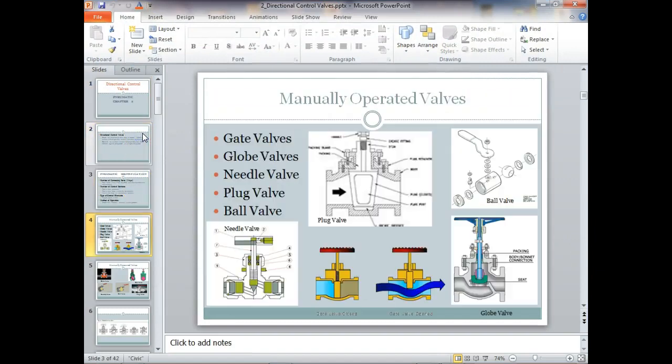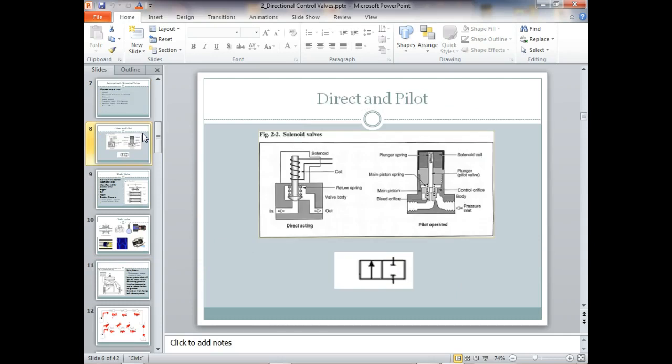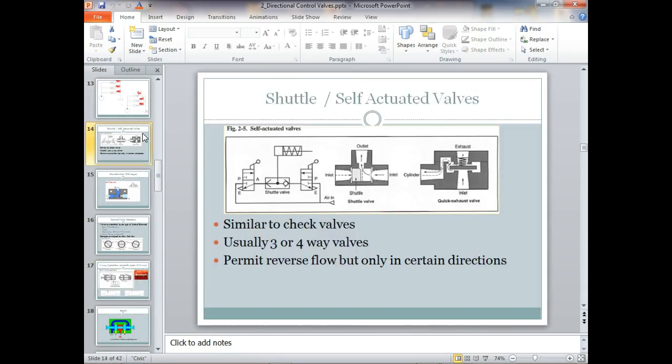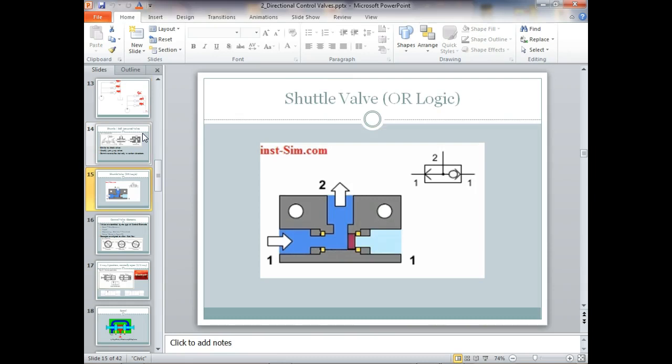I think we're looking at directional control valves. Y'all got any questions on these? Yes or no?